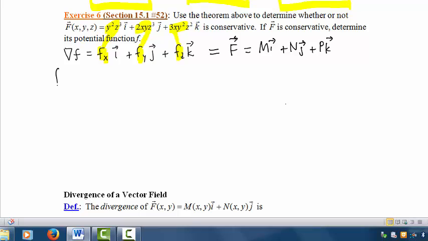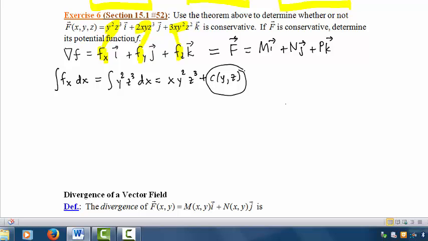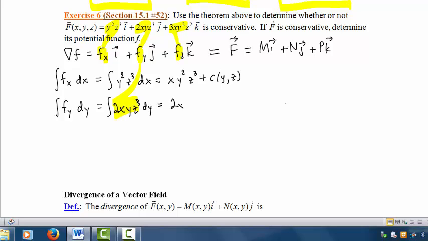So we integrate partial of f with respect to x. This gives us xy squared z cubed plus some function of y and z. Because if we were to take the derivative of this with respect to x, because it only involves y and z, it would be 0. If we integrate the partial of f with respect to y, we would get 2x y squared over 2 z cubed, or x y squared z cubed, plus some function of x and z would be possible.